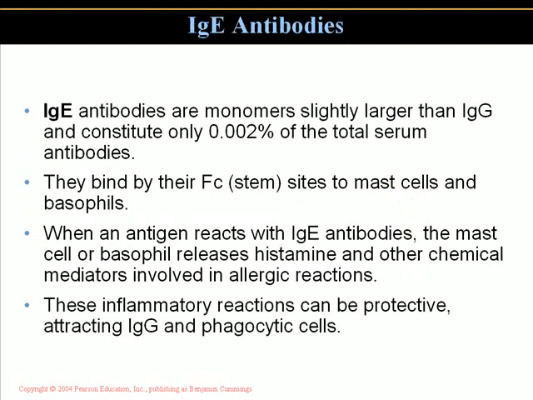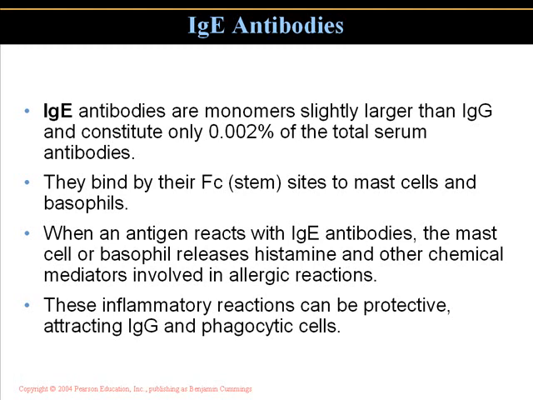Now, IgE antibodies are also monomers, slightly larger than IgG, and account for an even smaller percentage in the serum, 0.002%. They bind to the Fc stem, the lower portion, on mast cells and basophils. Now, why is this important? Well, the IgE response will bind to the mast cells, and we'll see how important the mast cells are in the inflammatory response.